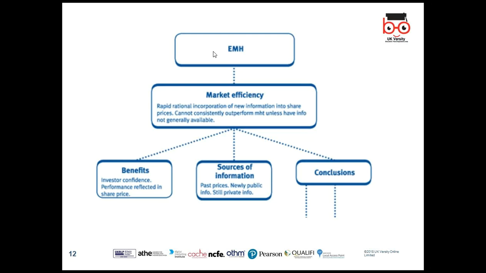The information is quickly incorporated into the share price. It cannot be sustainably outperformed unless you have information not generally available. If it's available, we need to reflect it quickly and prices need to be readjusted. So the benefit is investor confidence, with performance reflected in the share price. Source of information: past prices.